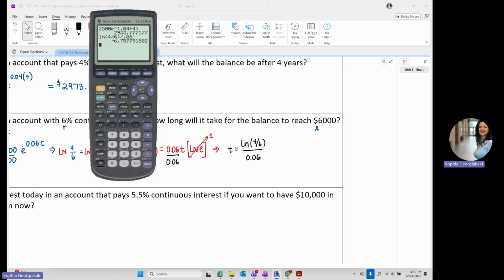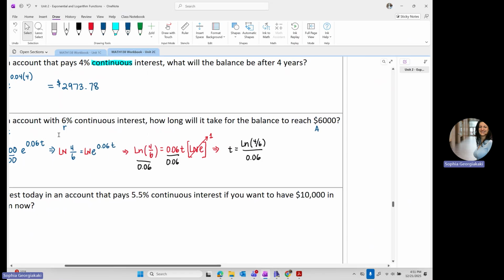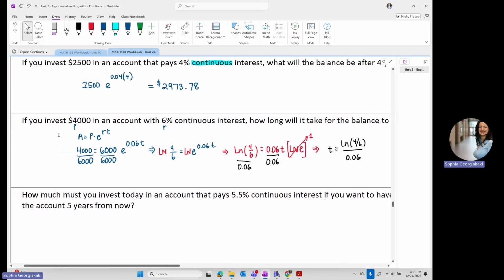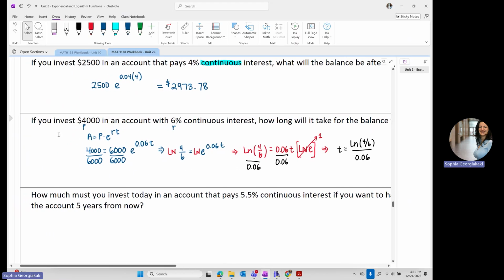And a negative answer is problematic because there is no way this happened in the past. In the future is when I'm expecting to see the increase. So where was my mistake? My mistake was that when I plugged in A, I plugged it in as 4,000 instead of 6,000. So I need to make this correction to make this A 6,000 and the principal a 4,000.